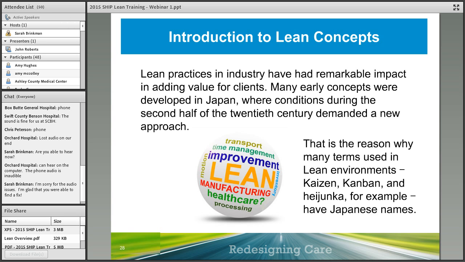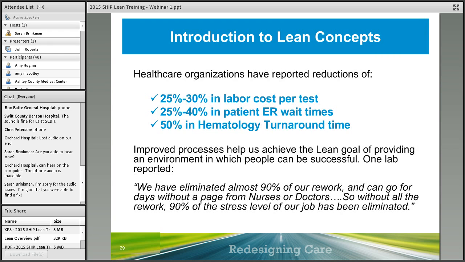And again, most of the things that we're going to learn and the processes and the tools we'll learn in this particular project come out of the Toyota system. So that's why you'll see a lot of the Japanese terms like Kaizen, Kanban, Hijinka. Those are why you're going to see those names. And again, that gives you some overview of where those come from.